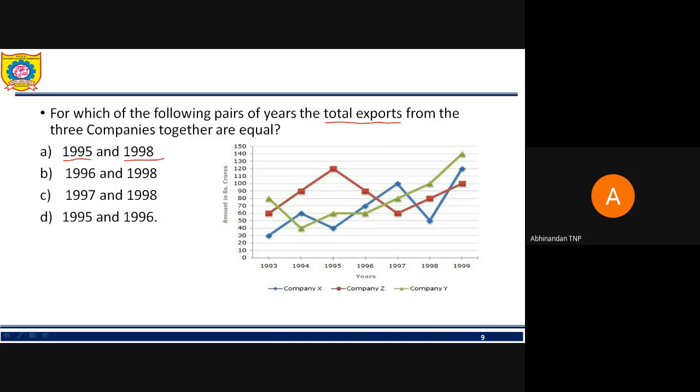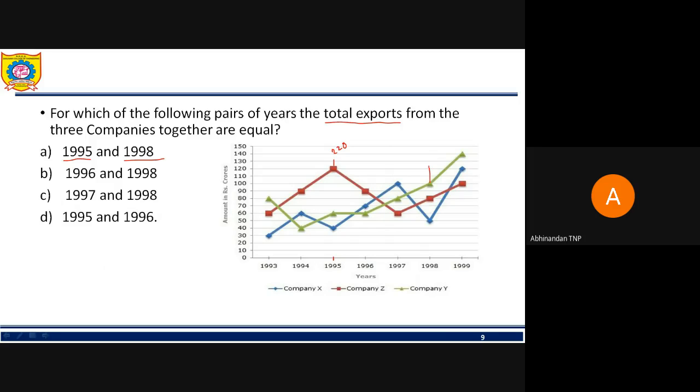So 95, this is 40 plus 60, 100, 100 plus 120, so it is 220. 98, you can go over here, 98 it is 50 plus 80, then 100, it is 230.